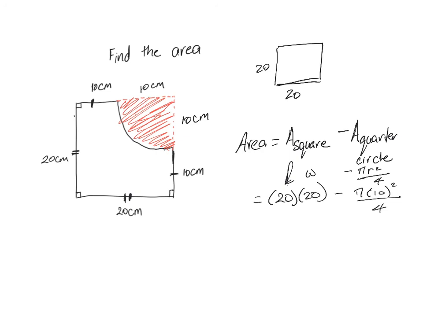All right, over 4. So hopefully you're doing it with me and not just waiting, because that's an awkward little pause. And the answer that I got for this question is 321.5, and that is approximately. And our units are centimeters squared.